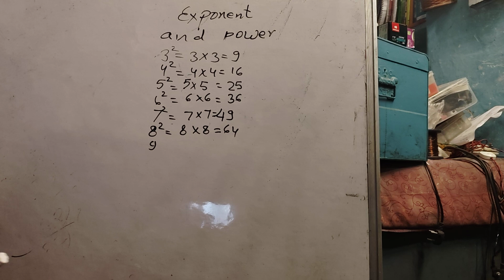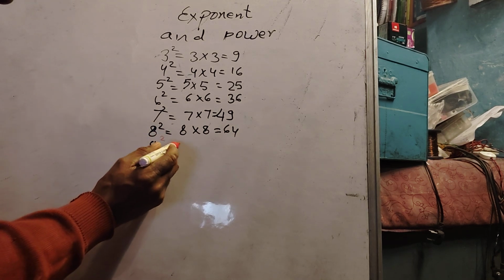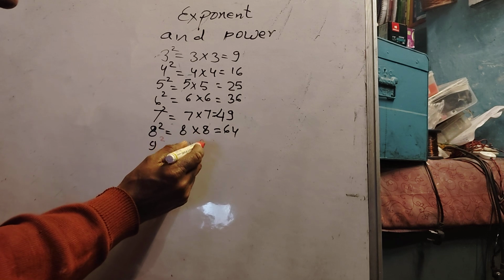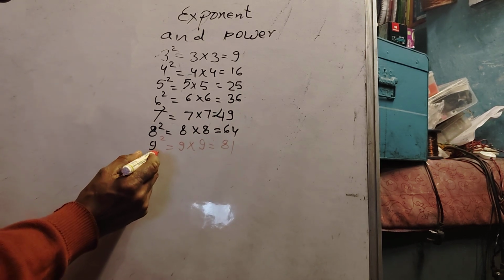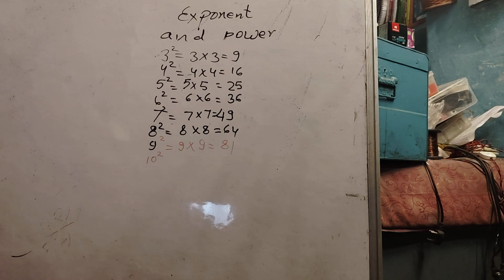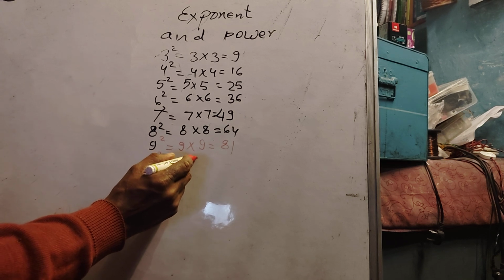What is 9 square? Can you tell the answer? 9 times 9 equals 81. Then 10 square. 10 squared is 100. Yes.